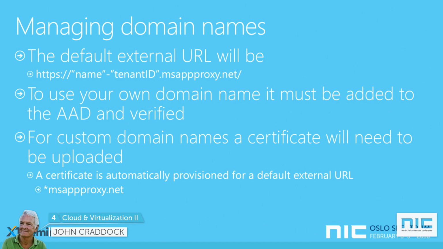If it exists, it will say, okay, if you can put that text record in your zone, you must own that zone, so I will accept the registration of the DNS name. Once you've done that, you can use your own DNS name with the proxy, and if you want to use HTTPS, you're going to have to load a certificate up there as well. Okay. What else was on there? That's it.